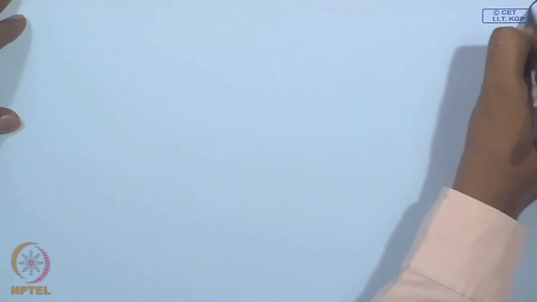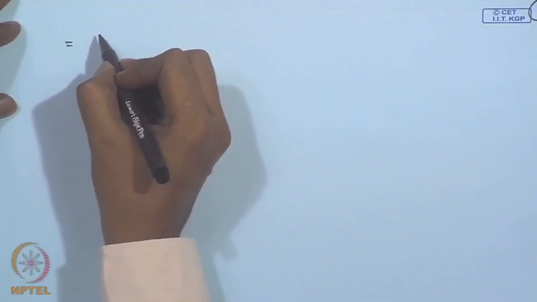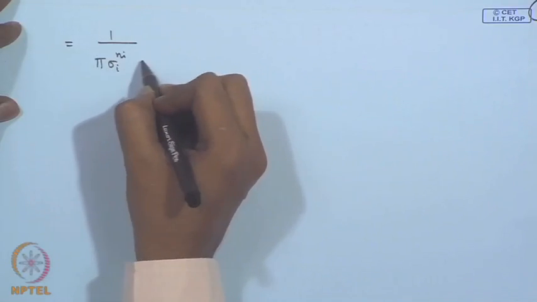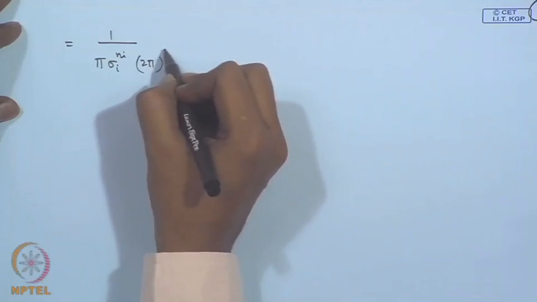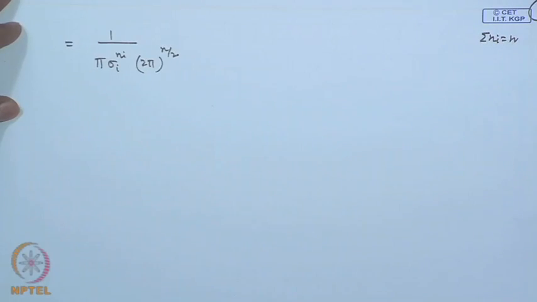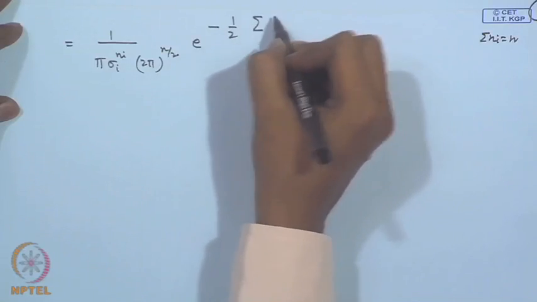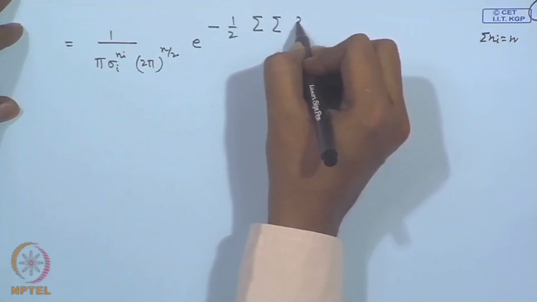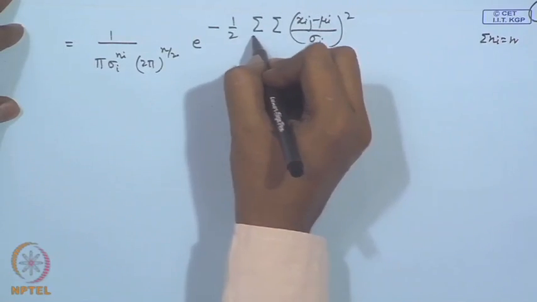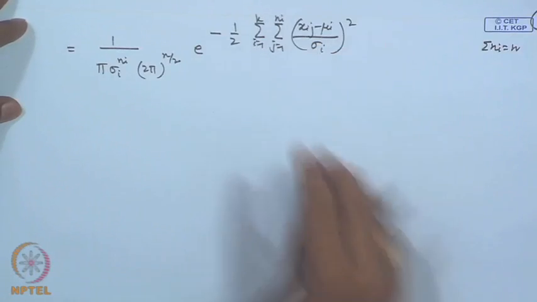We can simplify this, that is equal to 1 by product sigma i to the power n i, 2 pi to the power n by 2, where sigma n i is equal to n, then e to the power minus half sigma x i j minus mu i by sigma i square, i is equal to 1 to k and j is equal to 1 to n i.